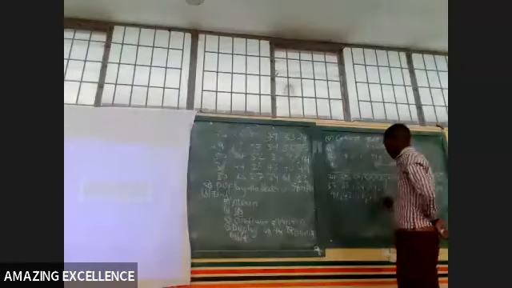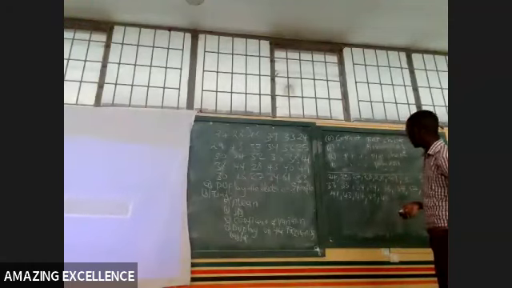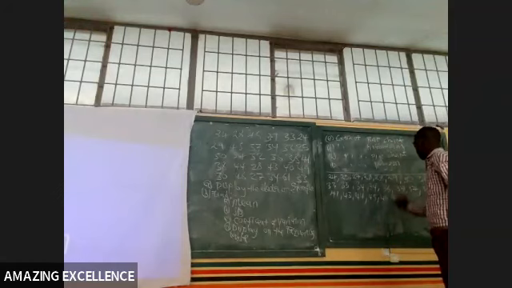After 45, 46. How many 46s do we have? Just one. After 46, you have 49 as the next number.